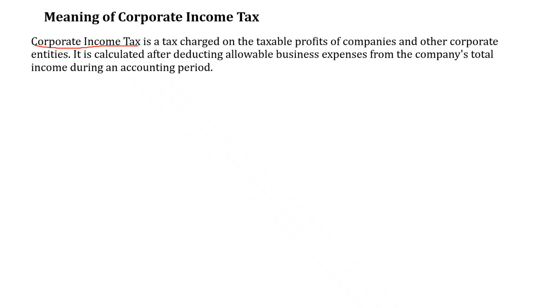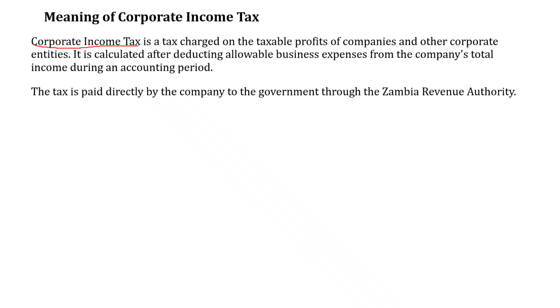It is calculated after deducting allowable business expenses from the company's total income during an accounting period. The tax is paid directly by the company to the government through the Zambia Revenue Authority, or ZRA.